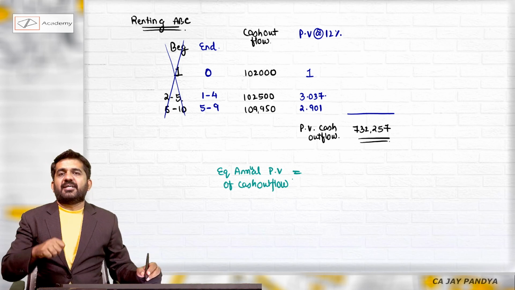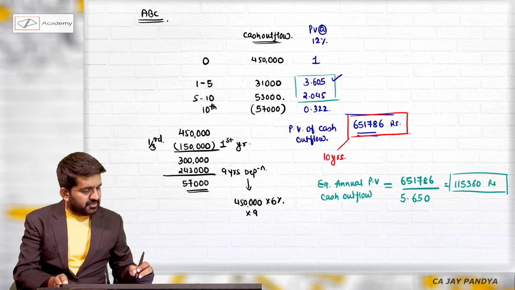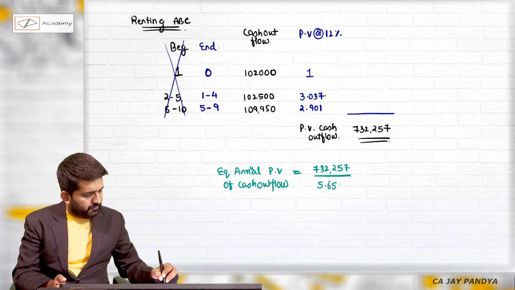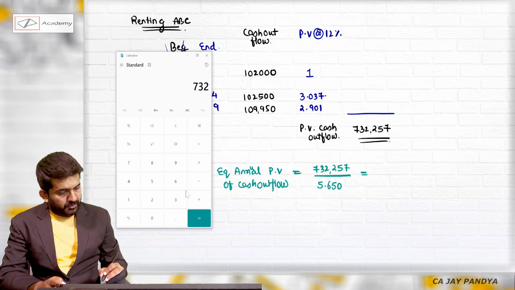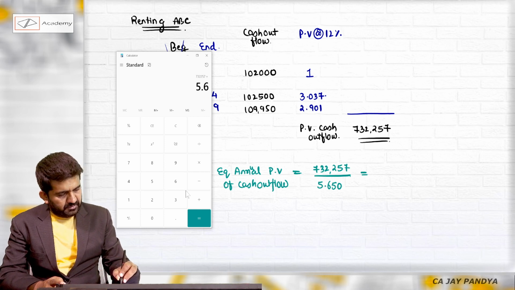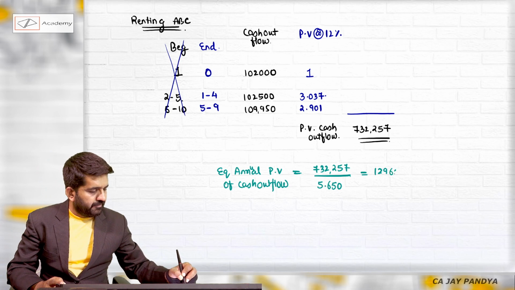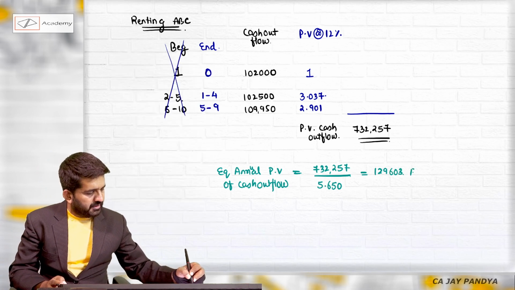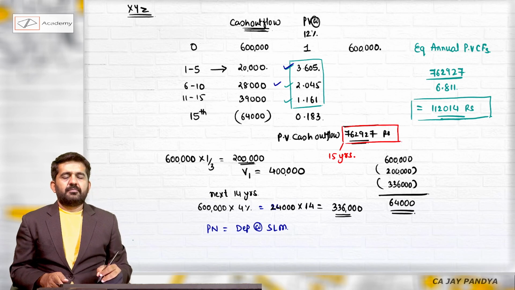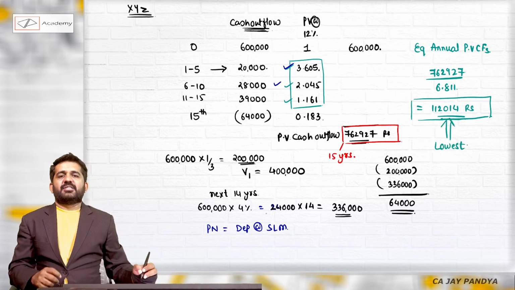Now, whether the cash flow is at the beginning of the year or at the end of the year, I can use a 10 years factor, which is 5.650. 7,32,257 divided by 5.650, which is 1,29,603. 1,29,000, 1,15,000 and 1,12,000. Which is the good option? 1,12,000, because it is having the lowest equalized annual NPV.